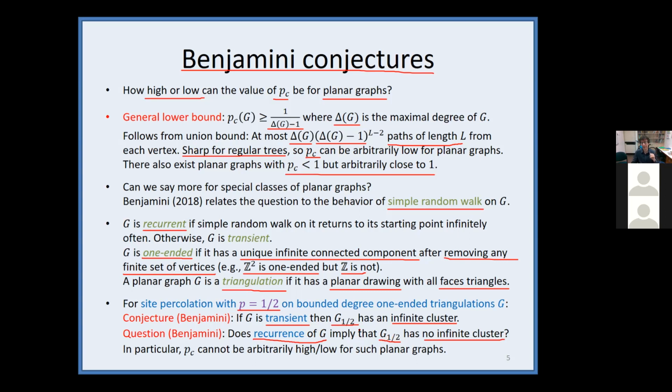And indeed, 1/2 is a separating threshold. These are the very beautiful conjectures of Itai Benjamini. And the focus of this talk is to make progress on these questions. Unfortunately, I do not know how to solve them, but I made some progress and I'd like to tell you about it. You will see in the talk that there are more open questions than answers, unfortunately.